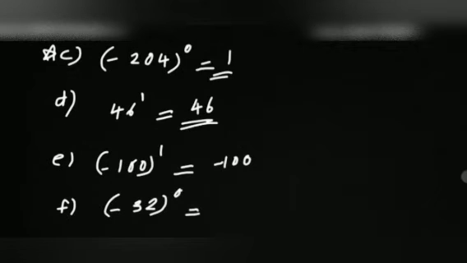Any integer to the power 0 is 1, so here also the answer is 1. G, 51 to the power 0. 51 is also an integer, so 51 to the power 0 is 1. Any integer to the power 0 is 1.